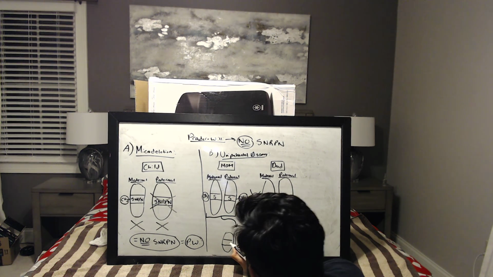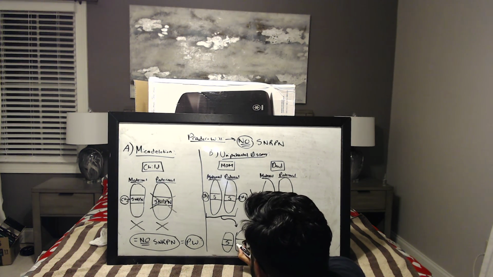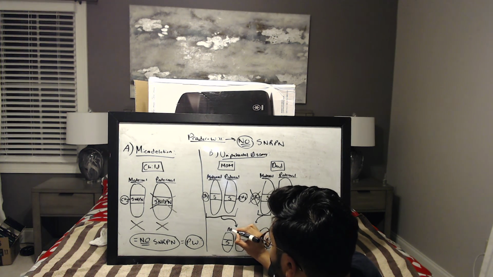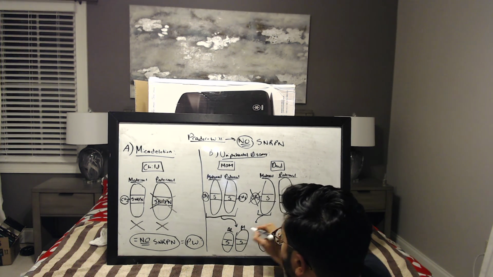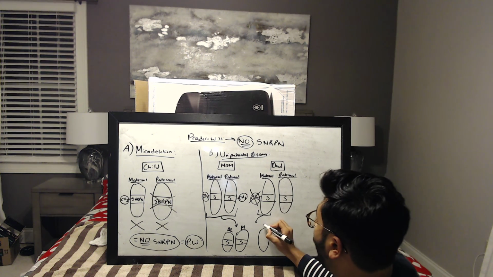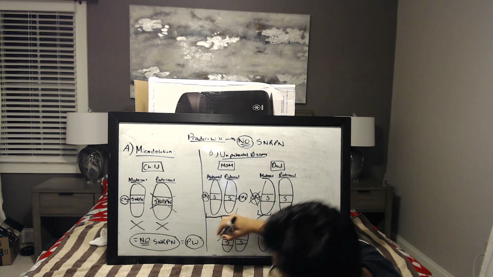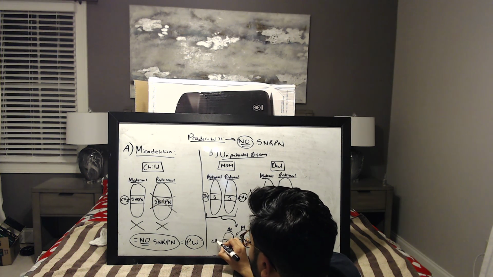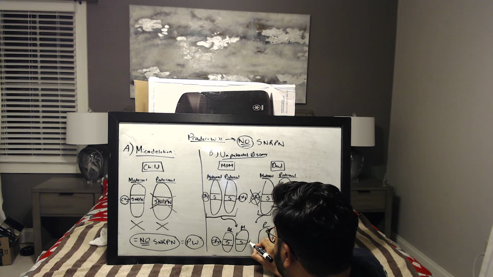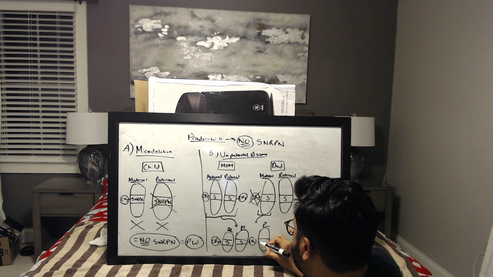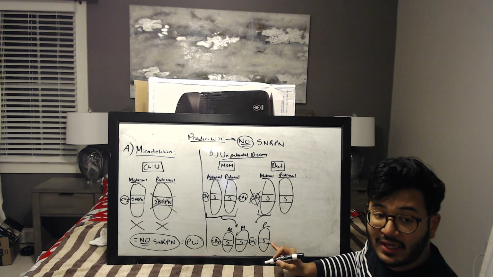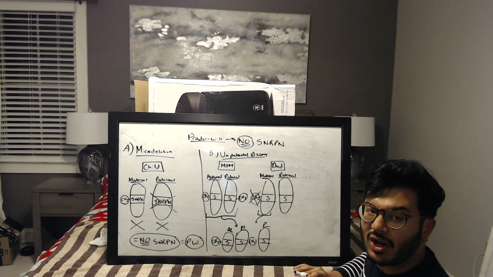However, of the 3 copies, 2 of them are maternal copies, and 1 of them is a paternal copy. And the 2 maternal copies are going to be turned off, while the paternal copy is going to be turned on.